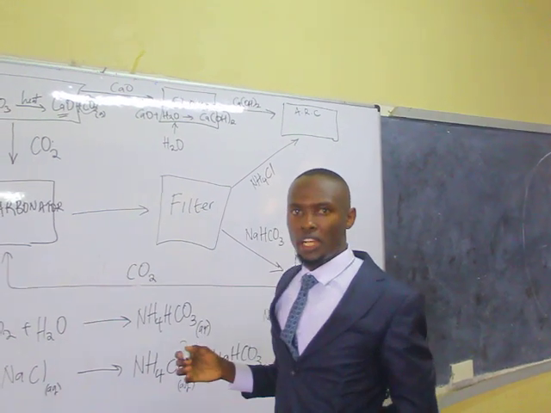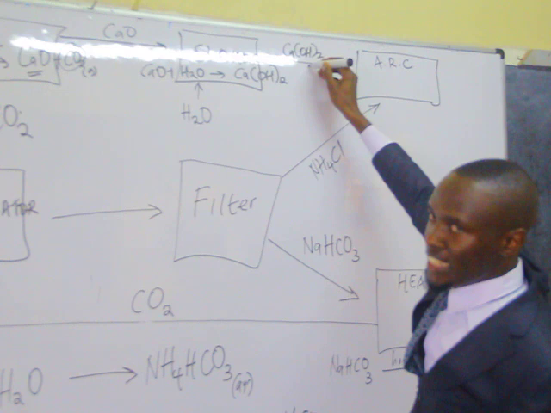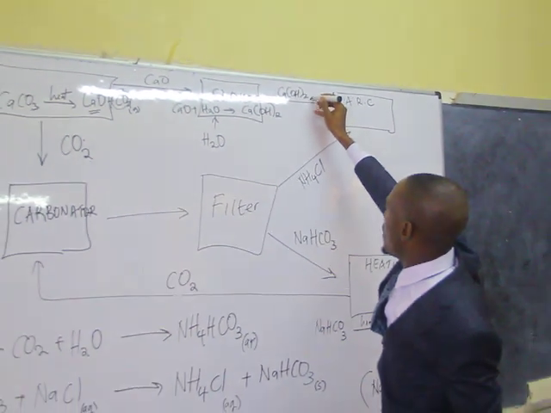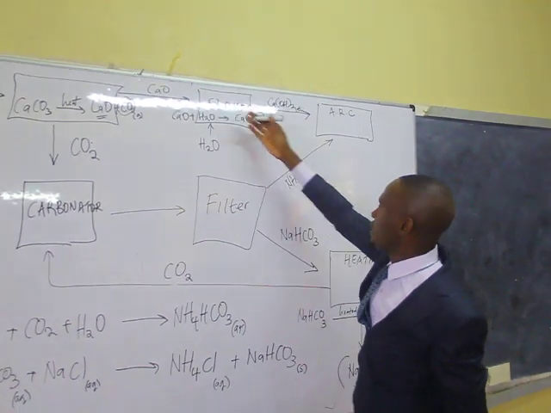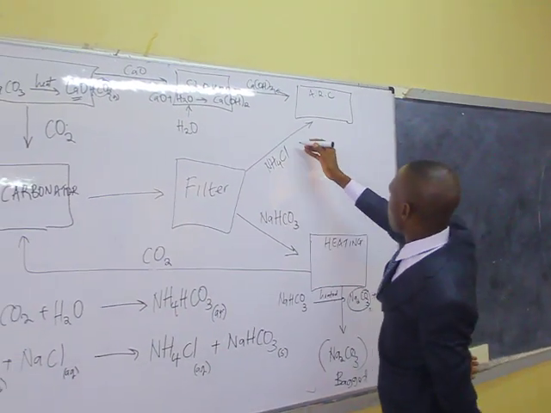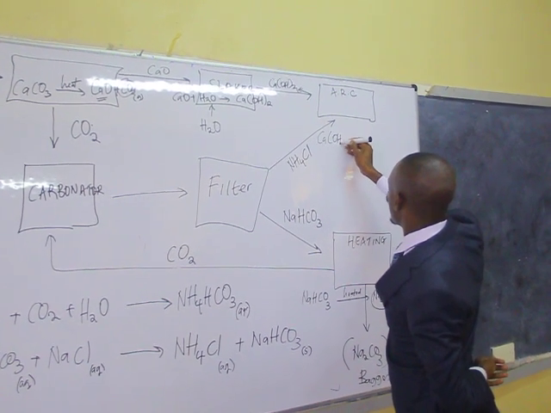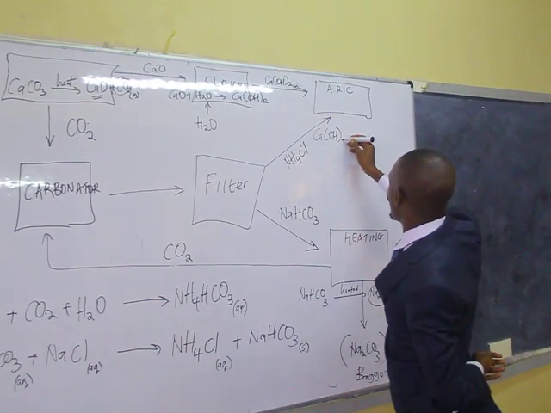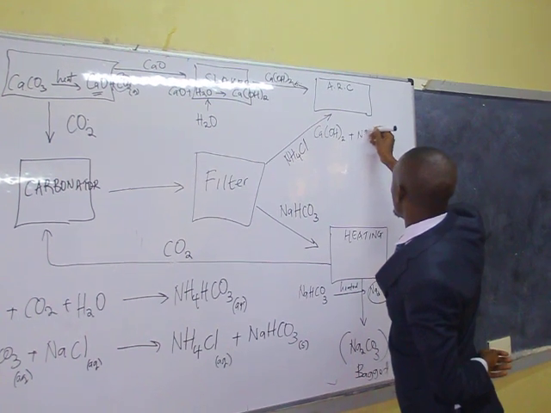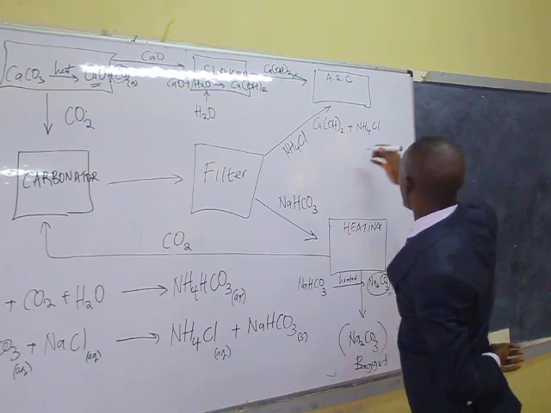What happens in this chamber is that the calcium hydroxide aqueous obtained in the silica is reacted with ammonium chloride. And I'm going to write the equation. Calcium hydroxide is reacted with ammonium chloride from the filter.